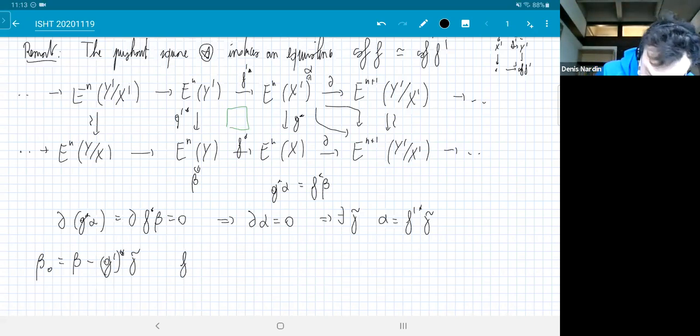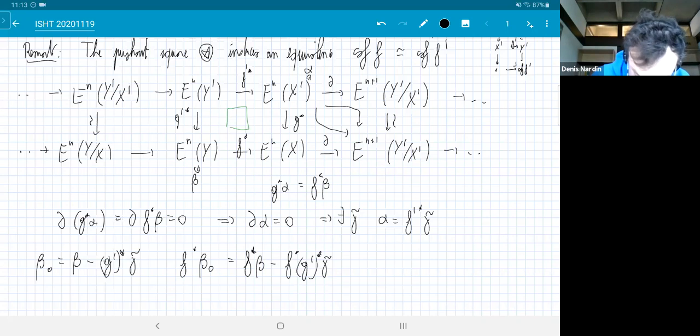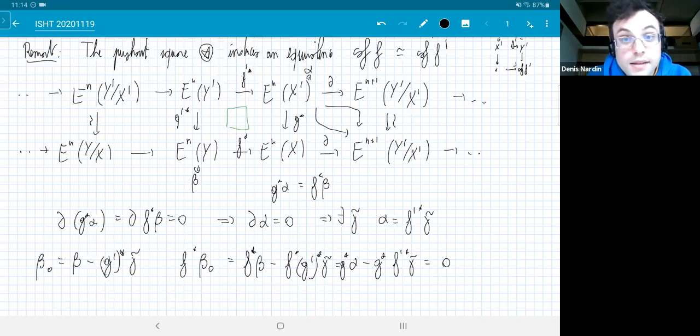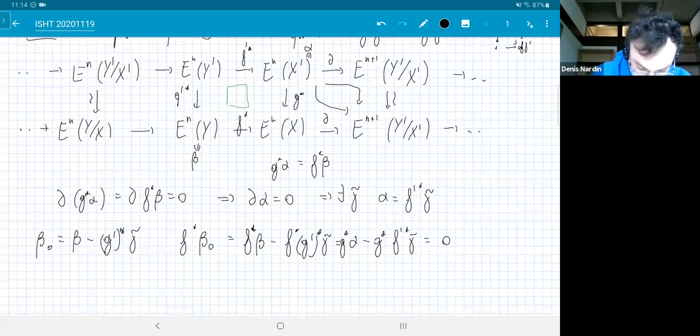Because if you take F upper star of beta 0, it's F upper star of beta minus F upper star of G prime upper star of gamma tilde, which is alpha minus G upper star F prime upper star of gamma tilde, G upper star of alpha, which is 0. As it should be.